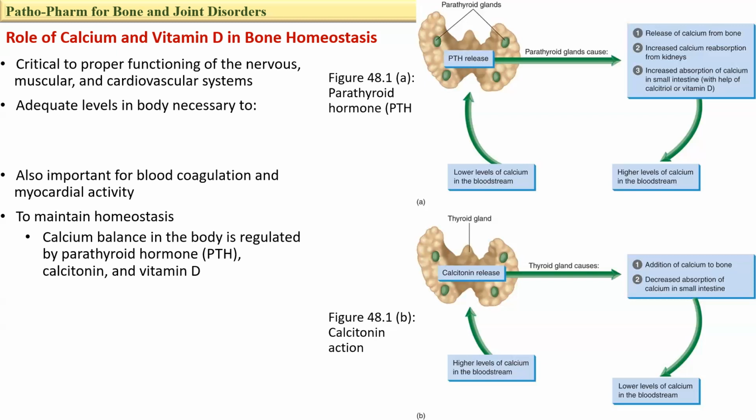enhancing the absorption of calcium at the GI system level, and also working on the kidneys to increase reabsorption of calcium and decrease the calcium lost in the urine, which is calcium excretion. So at the renal level, it increases reabsorption of calcium and decreases calcium excretion.